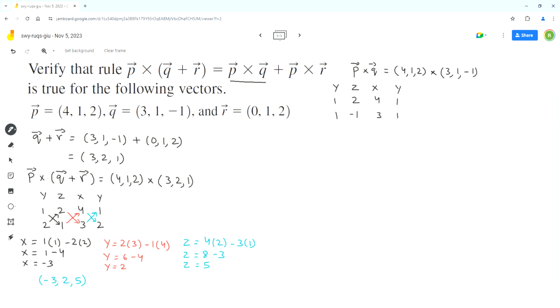Now we can do the cross multiplication to find the cross product of these two vectors. So let's start with the x component. So we should cross multiply the y and z component.